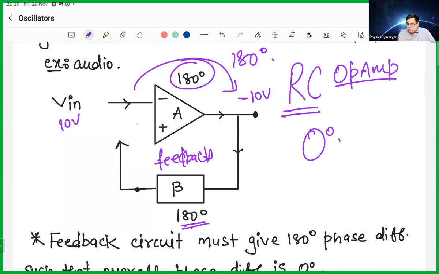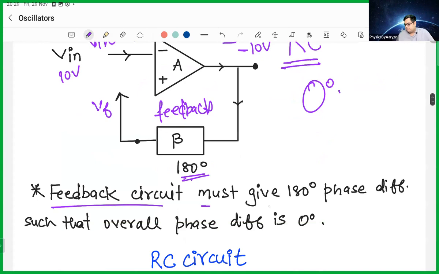Hence there is no phase difference between feedback and input. Therefore feedback circuit must give 180 degree phase difference, so that it can cancel with the 180 degree phase difference given by the op-amp.